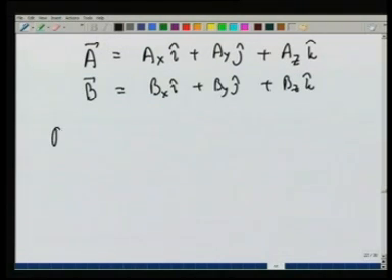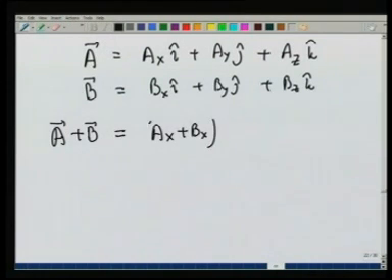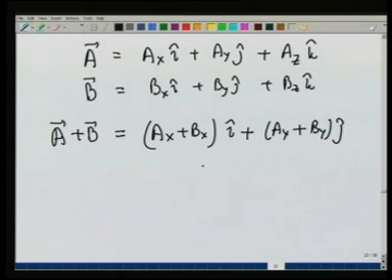When I add the two vectors A plus B, you can see graphically and carry it out that the net vector would have an x component which is the summation of the x components of individual vectors. Then I add the y components of individual vectors and then the z components of the individual vectors.